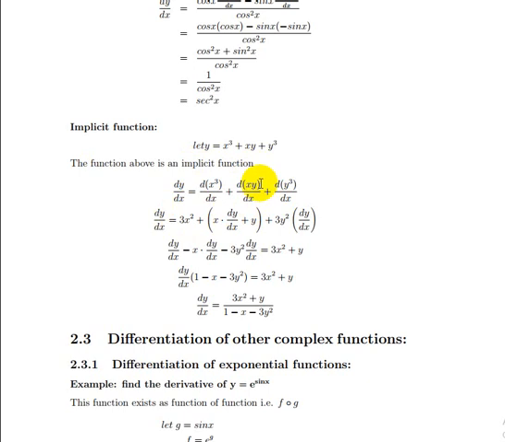So x and y are going to be two distinct functions here. For multiplication of two functions, you know the method: you take the first one times the differential of the next one, so x times dy over dx, plus you take the second one times the differential of the first one, which gives you 1, so you're going to have this plus you take this.